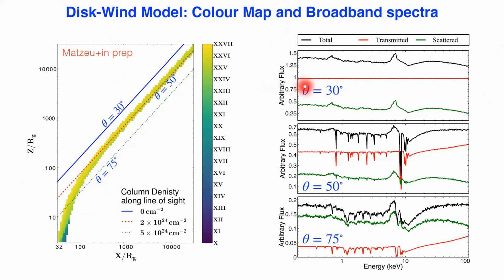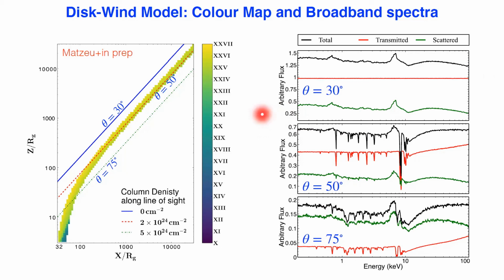Here we see that the transmitted component is completely flat, but what is dominating is the scatter component, which makes sense because if you look above the wind, all you see is the scattered photons. So the presence of the wind can actually be seen just by the scattered photons.